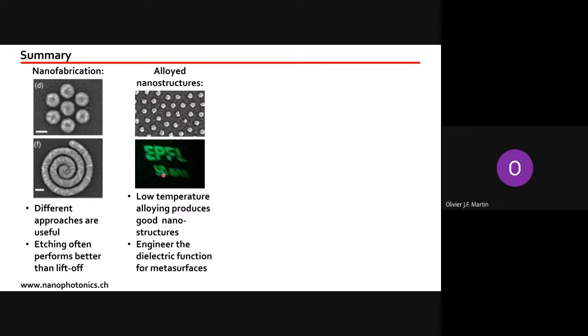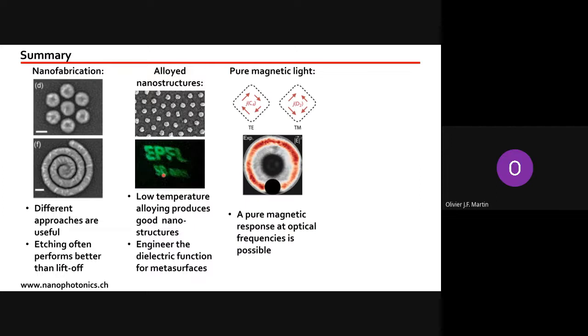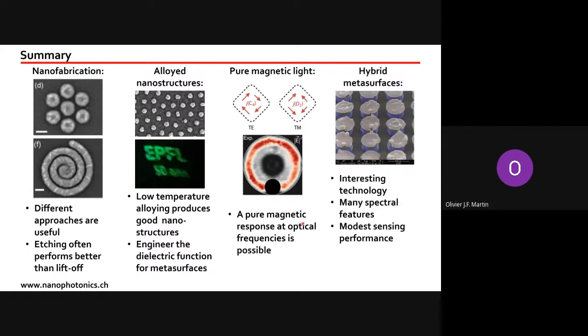And here, this is an example of a hologram based on that principle. We've seen that it is possible to make pure magnetic response of a plasmonic system, which is surprising because normally it would have an electric response, but it is possible if you trick it a little bit to get a pure magnetic response. And finally, some interesting combination of plasmonic metal like aluminum and dielectric to produce hybrid metasurfaces.